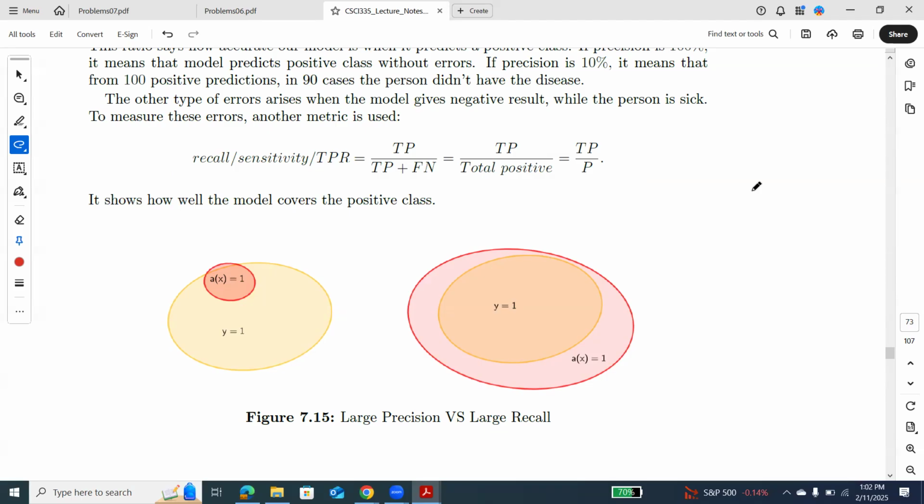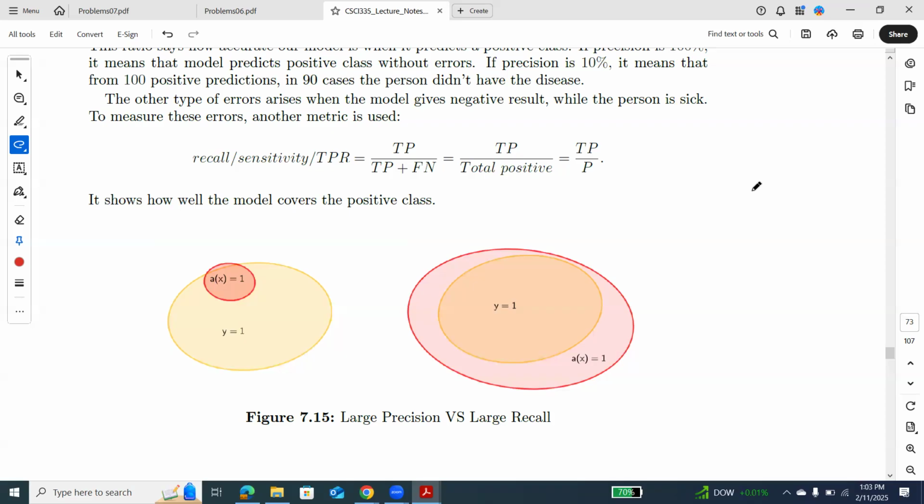What will the recall be in this case? Which ellipse corresponds to true positives, red or yellow? It will be 1, because true positives will be this yellow ellipse, but also the real positives will be. So it means that in the worst case, if our model predicts everything as class 1, it will have perfect recall.